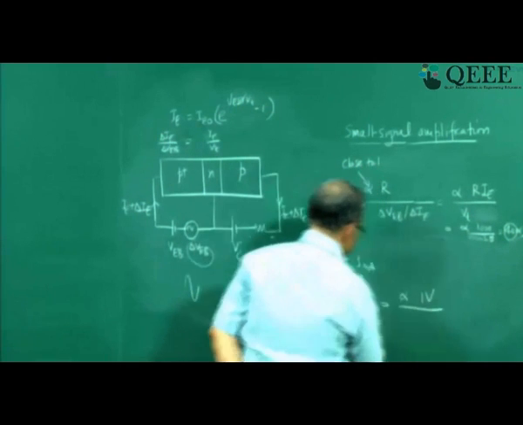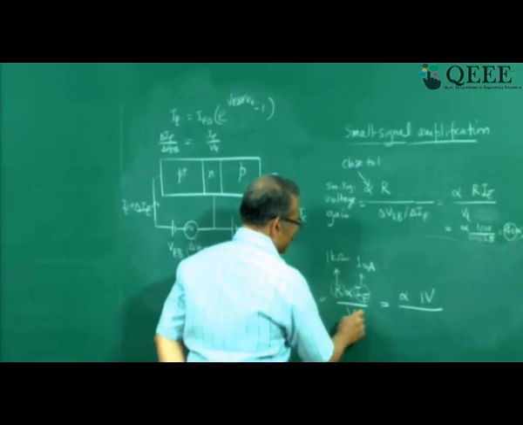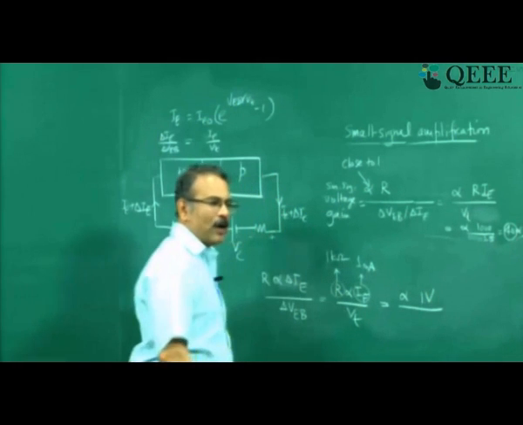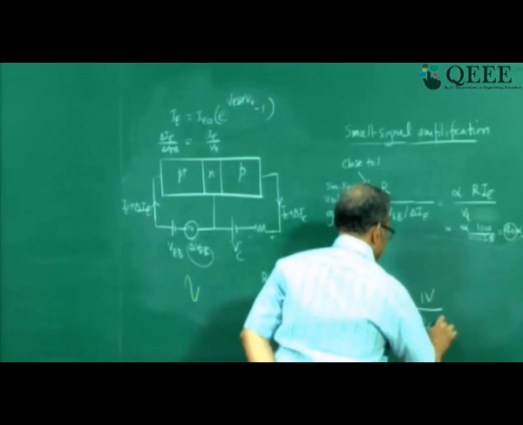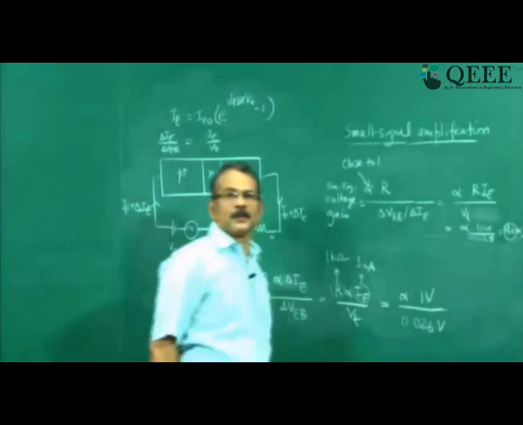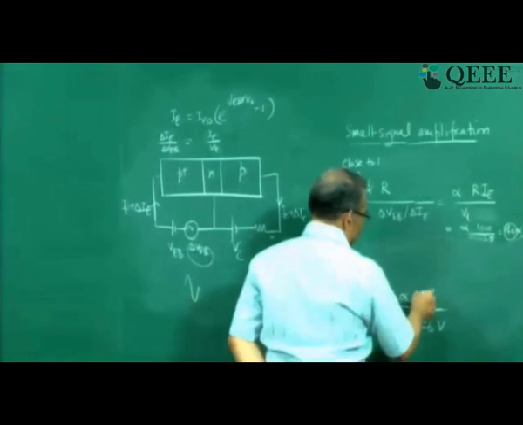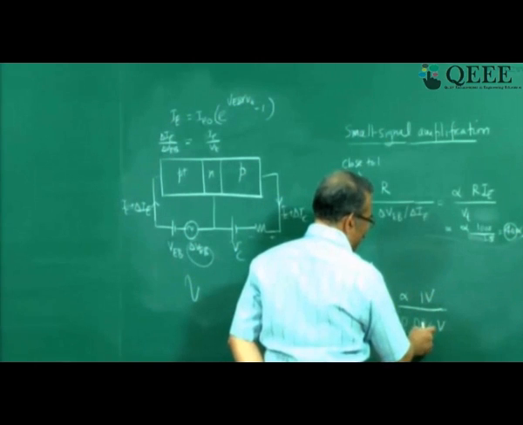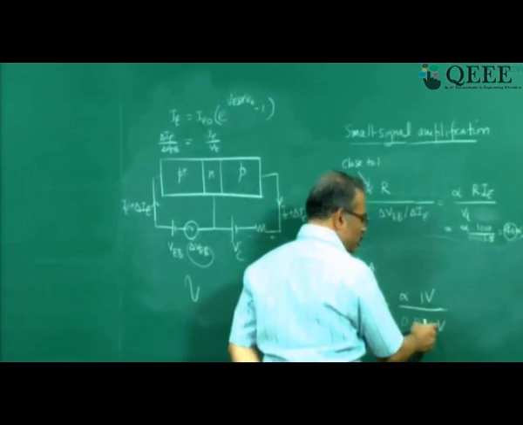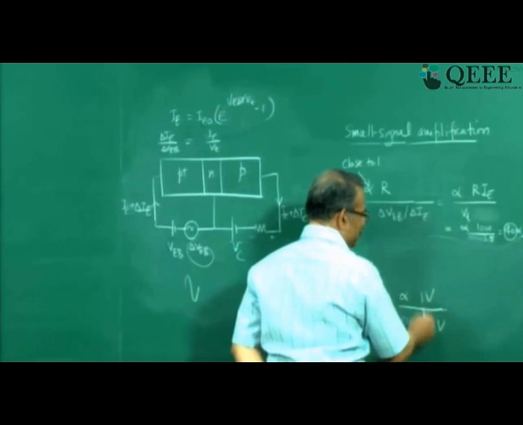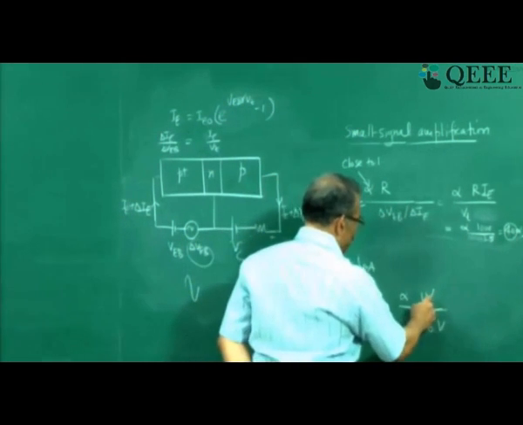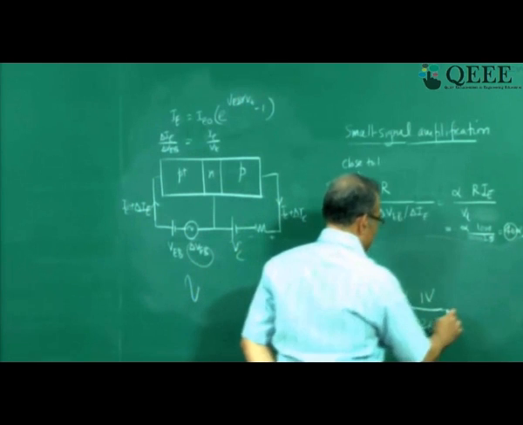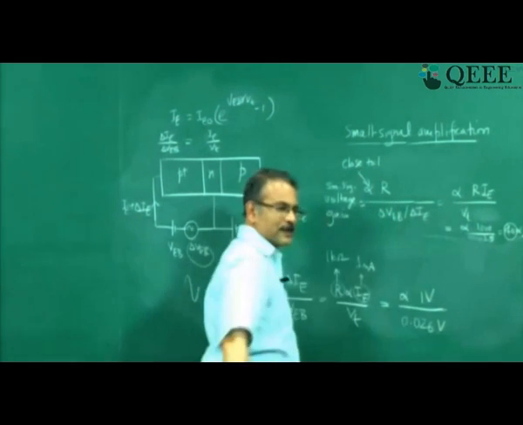Now what is the denominator? VT. VT at 300 K is 0.026 volts. I will approximate 0.026 as 0.025 so that I will get a simple, approximate answer. So 1 volt by 0.026 volts is approximately 40, close to 40.